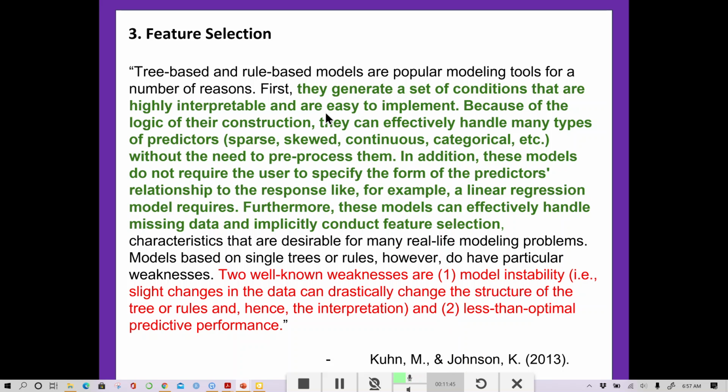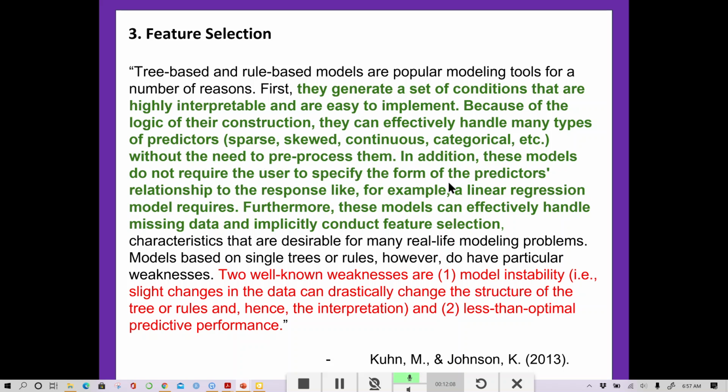The first thing is that they generate a set of conditions that are highly interpretable and are easy to implement. They can also handle different types of predictors, whether sparse, skewed, continuous, or categorical, without the need to pre-process them. And that is something that is very appealing.